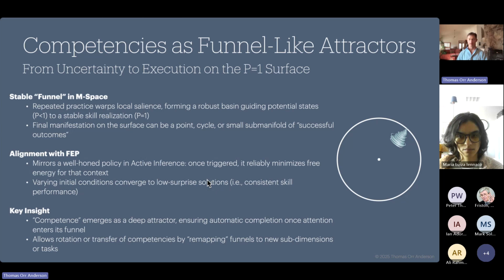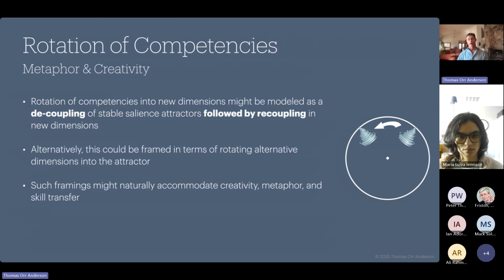So that leads to one thing that Mike Levin often mentions, the rotation of competencies and the crucial role that plays in the evolution of intelligence. And in this framing, in a really intuitive, cartoony way of looking at it, these funnel-like attractors that, as I proposed, represent competencies are essentially being rotated into new dimensions. So new dimensions of M space. So it seems this would require a sort of decoupling of these salience attractors from the dimensions of M space, followed by a recoupling in new dimensions.